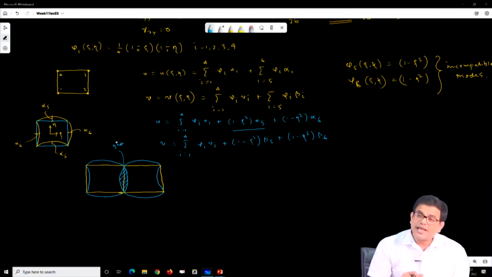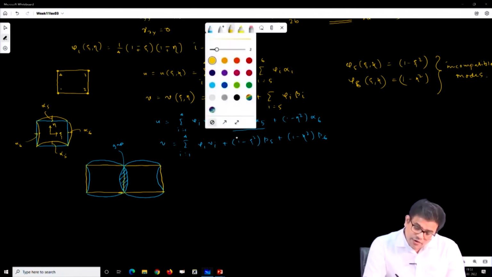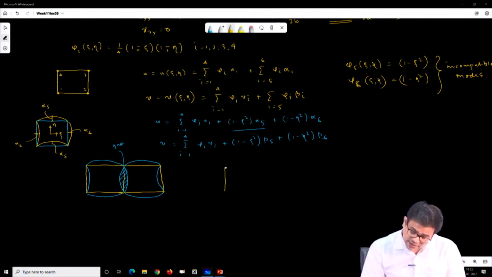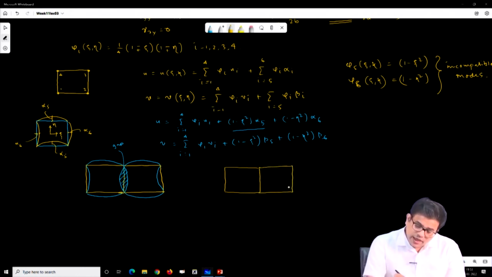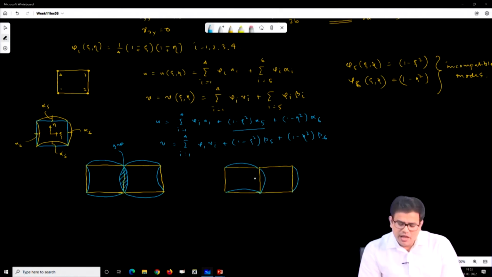So this can happen for a single element also. Not necessarily do all modes need to be activated. For instance, if I consider two elements, if this mode is activated for one element, but for the other element this mode is activated, then there will be a gap here, and there will be overlap with the adjacent element.